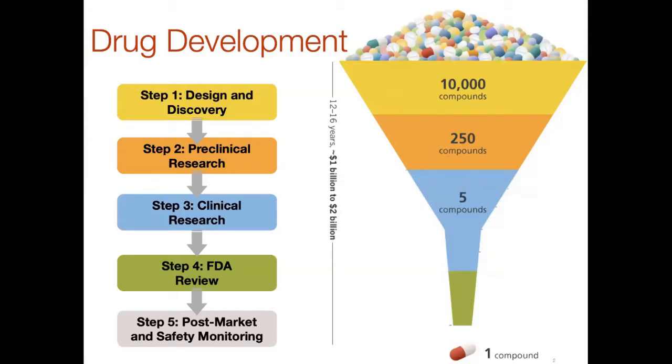So increasingly we go through a large number of compounds that represent candidate drugs initially, and through a series of steps we finally reach, after on average 12 to 16 years and spending $1 billion to $2 billion, a new drug that would then be approved by the FDA and put on the market.